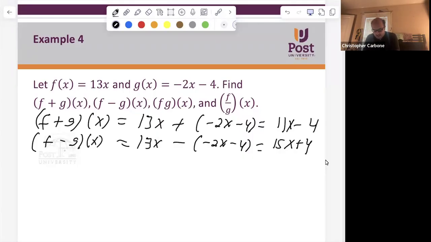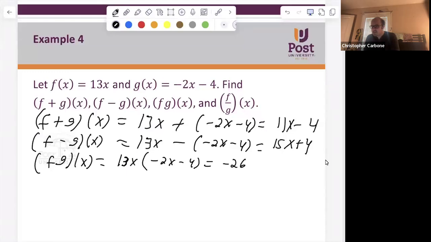Then for the multiplication, f times g of x, 13x times negative 2x minus 4. So negative 26x squared minus 52x. And then f divided by g of x.